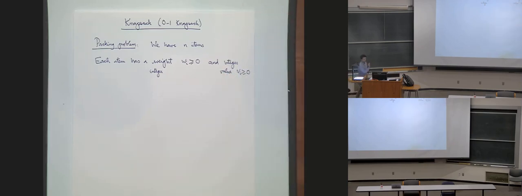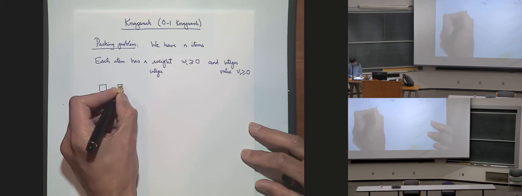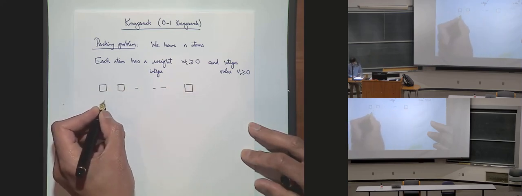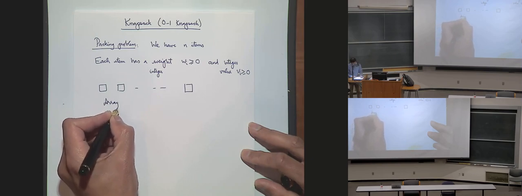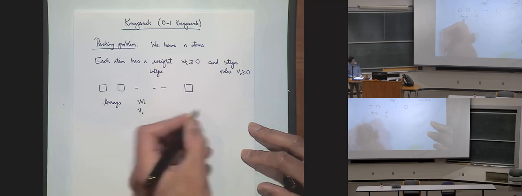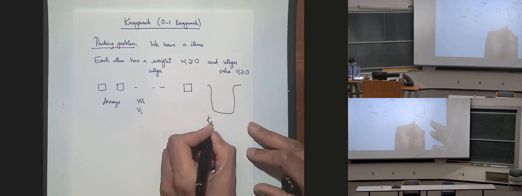So every object has a weight and a value. I'm just drawing these as n objects, and you have these arrays, w_i and v_i. Then you have something called the knapsack.